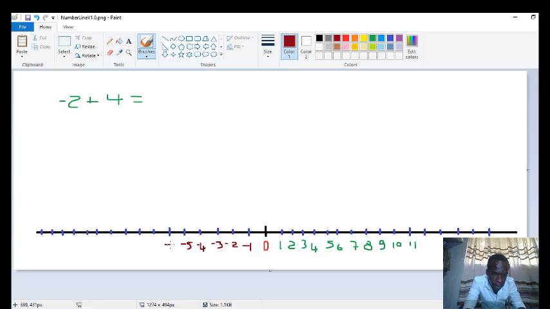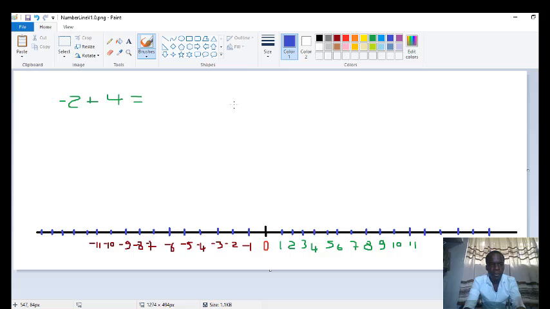The more we're moving to the left, we have -7 now, -8, -9, -10, and we will stop at -11 as well. Then what do we do?